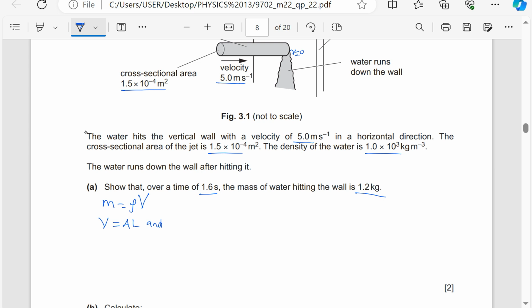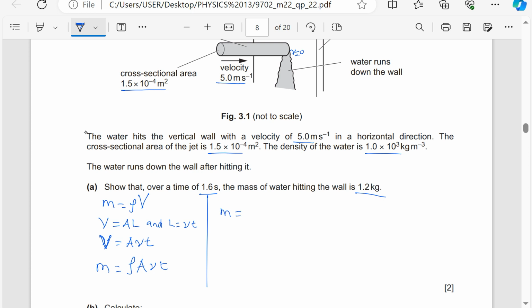So it means L is going to be the speed times t. So this means the volume is going to be cross-sectional area times the speed times the time. And the mass, therefore, will be equal to the density times the volume, which is the cross-sectional area, times v, the speed, times t.